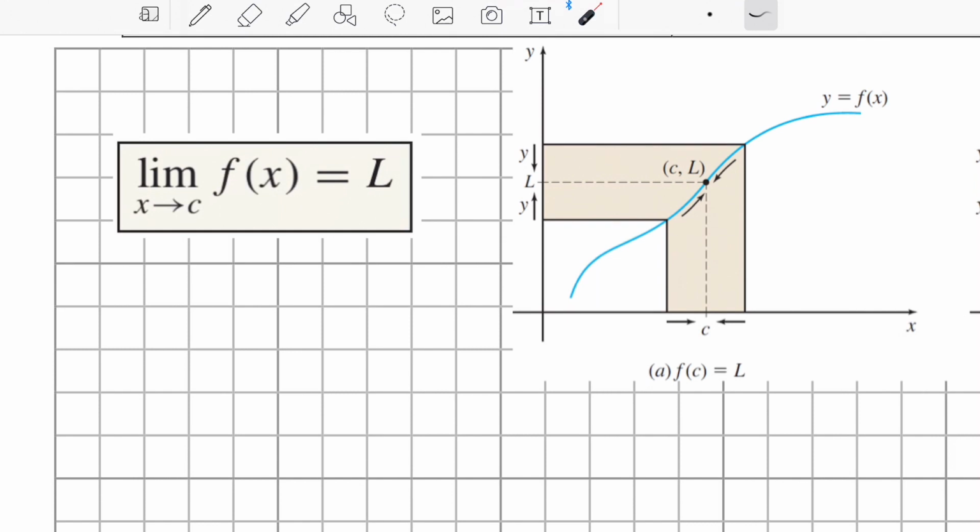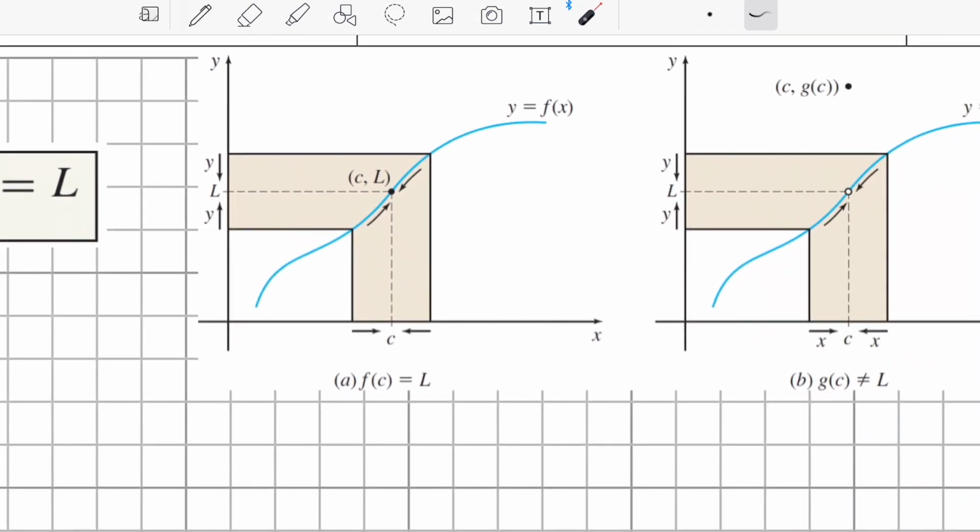Think of it as the limit of a function being the value, and we're talking about the y value, that the function approaches as the x value gets very close to some value of interest. Again, the limit of a function is the value that the function approaches, so we're approaching a y value, as the x value gets very, very close to some value of interest. For example, let's look at these.